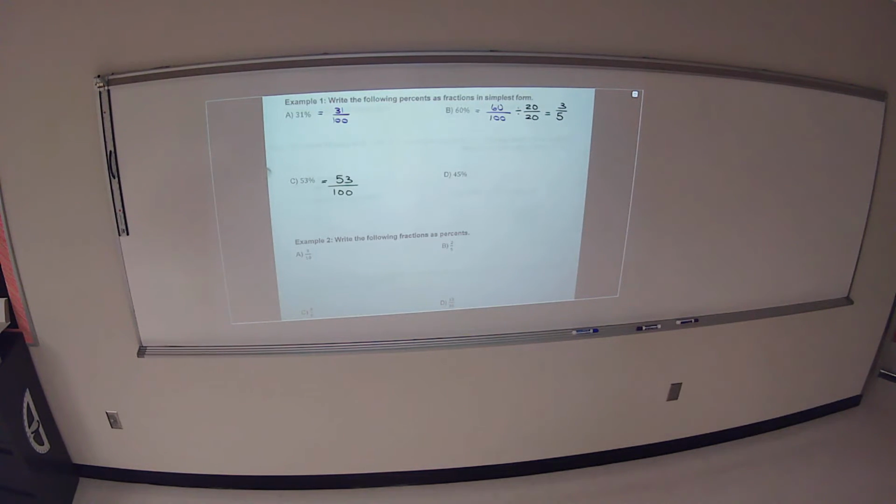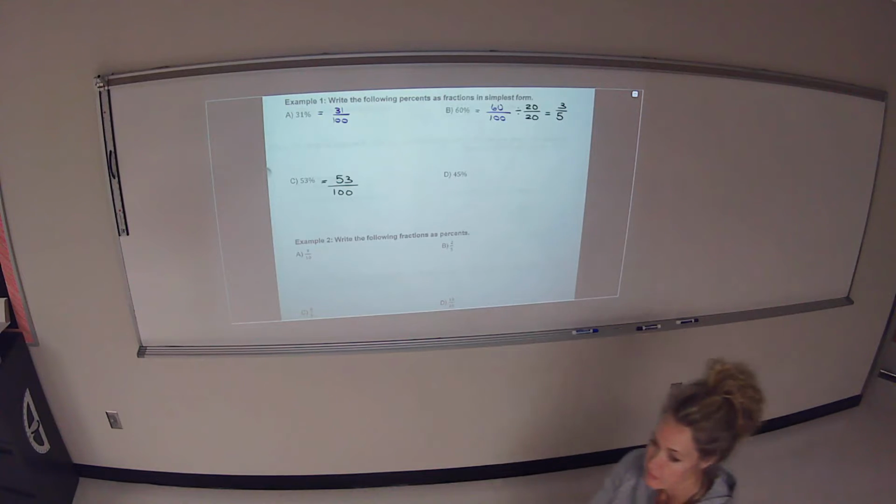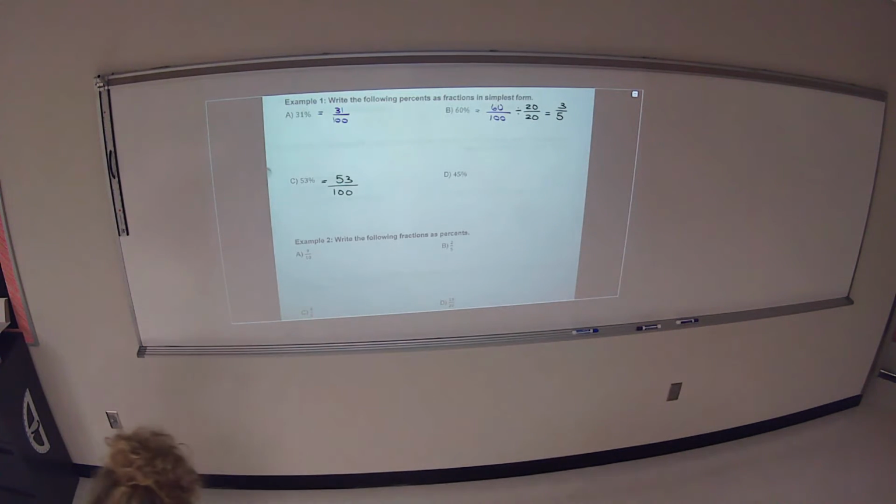Well, there's a huge difference between 0.5 and 0.5%. 0.5 in my mind is 1/2, 1 out of 2. 0.5% is 1 out of 200. Those are two completely different things. Okay, a percent symbol drastically changes what type of number you're actually talking about. That's why we got to be careful with the percent symbol.